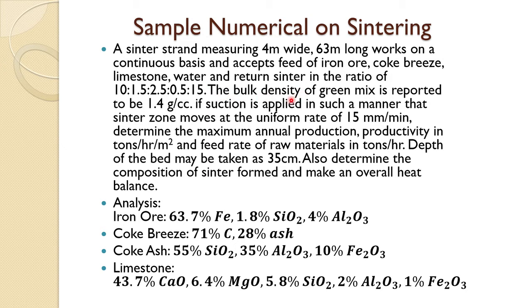The bulk density of green mix is reported to be 1.4 gram per cubic centimeter. If suction is applied in such a manner that the sinter zone moves at a uniform rate of 15 millimeter per minute, determine the maximum annual production, productivity in tons per hour per square meter, and feed rate of the raw material in tons per hour.